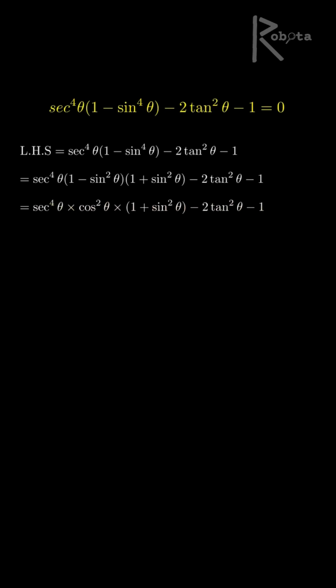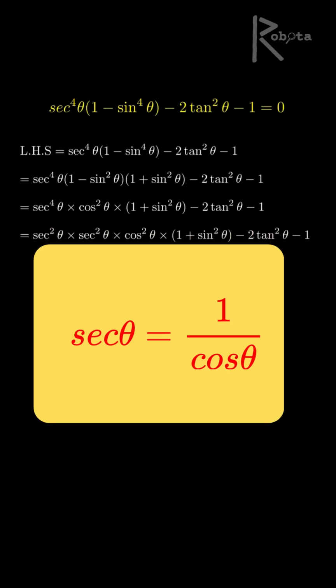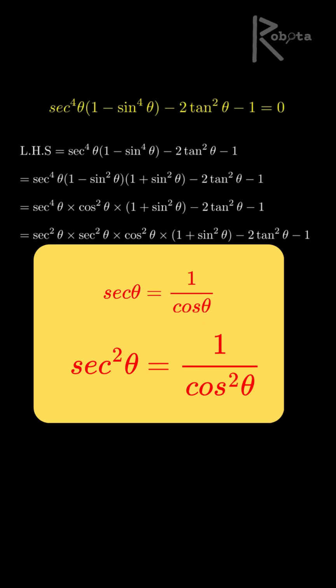In the next step, we divide sec⁴θ into two parts. So the expression becomes sec²θ times sec²θ multiplied by cos²θ multiplied by (1 plus sin²θ) minus 2 times (tan²θ minus 1). Sec is equal to 1 over cos, so sec²θ becomes 1 over cos²θ.